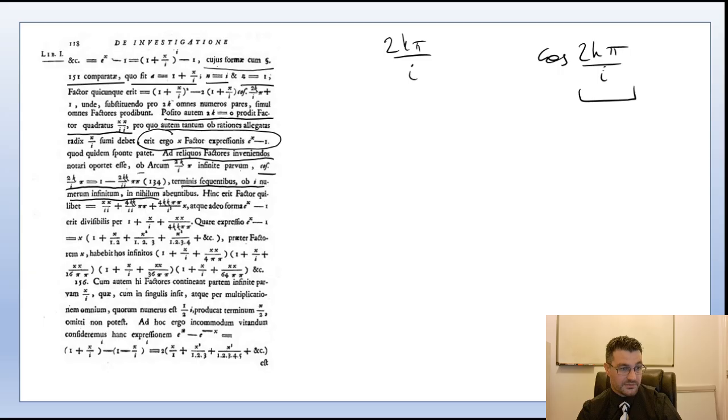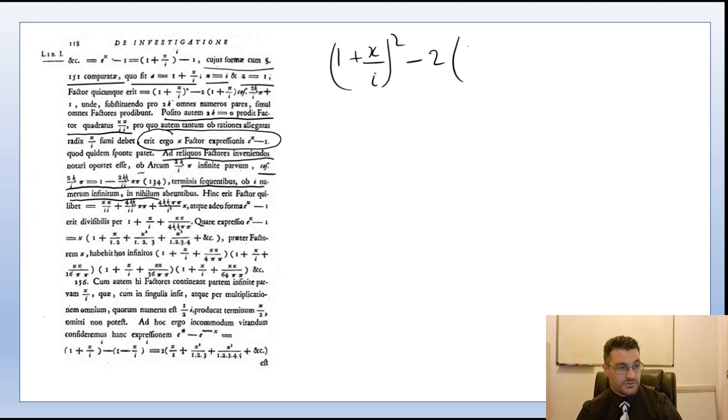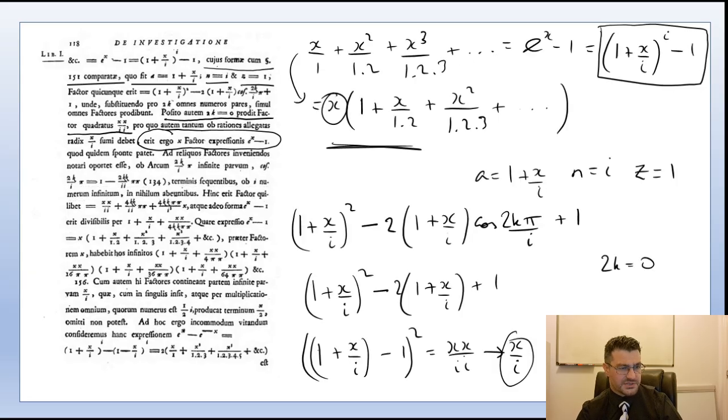Okay, so therefore an arbitrary factor of our expression 1 plus x over I to the power of I minus 1 has arbitrary factor 1 plus x over I squared minus 2 1 plus x over I. So remember, it's cosine 2k pi over I, but Euler's already pointed out that this is equal to 1 minus 2kk over I pi pi, and plus 1.